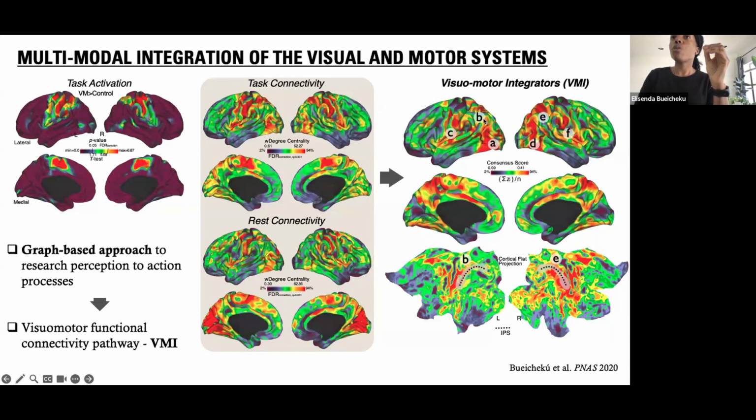We found OP4, and then we found some regions in the association or in the intermodal cortex. And of course, we found the intraparietal sulcus, that is that region that is in between the motor cortex and the visual area.